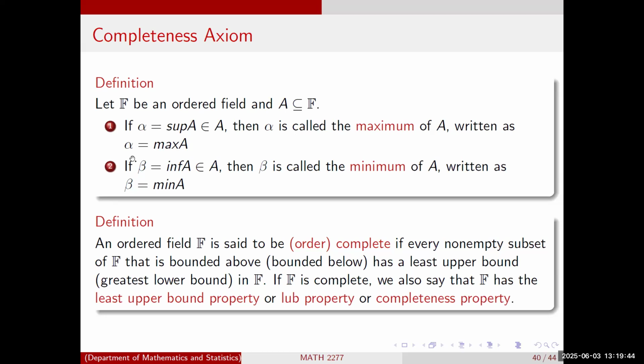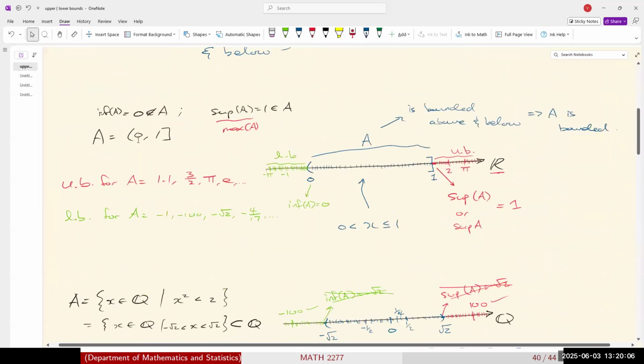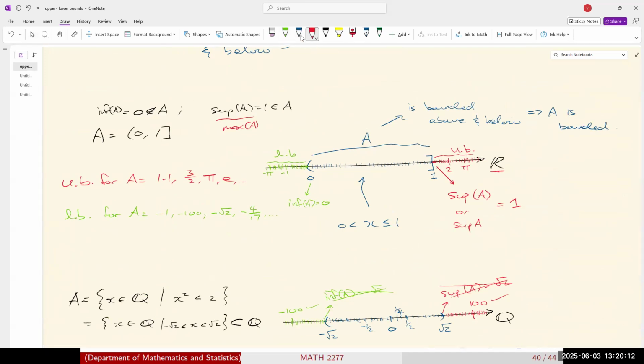What about the infimum? If beta is the infimum of A and you also belong to the set, then beta is called the minimum of A, and we write it as beta equal minimum of A. Now, in this example, the infimum was equal to 0, but 0 is not in A. So in this case, the maximum of A is equal to 1, since the supremum belongs to A. And the minimum of A, now the infimum is 0, and 0 is not in the set.